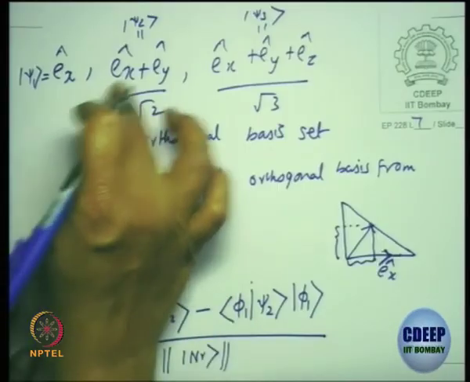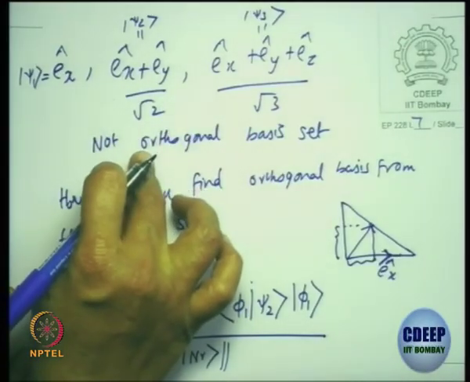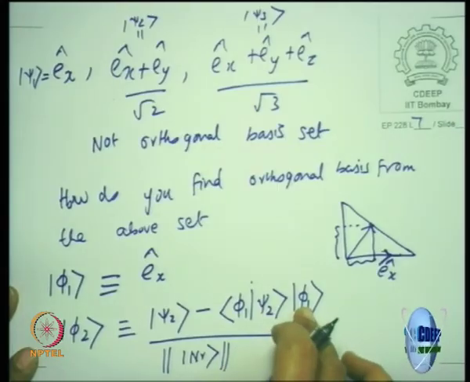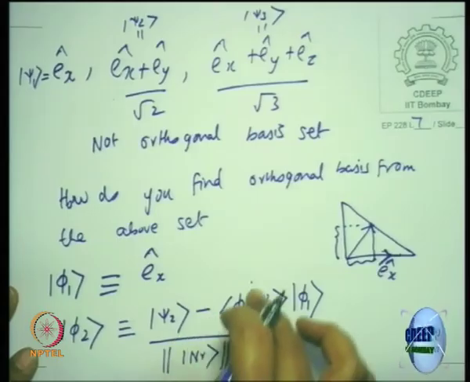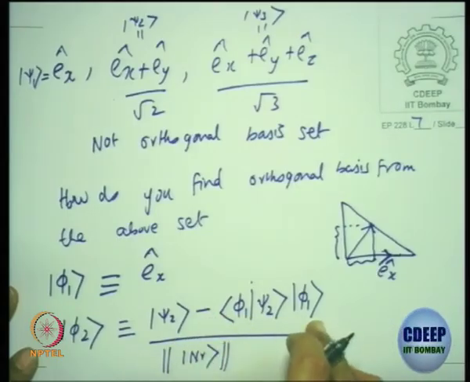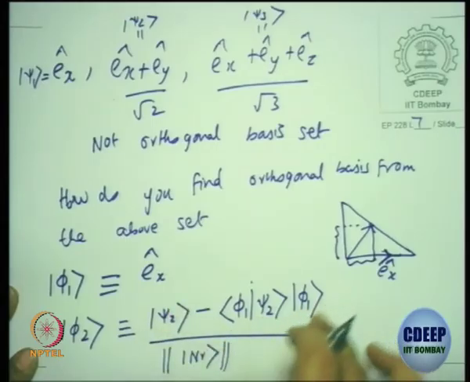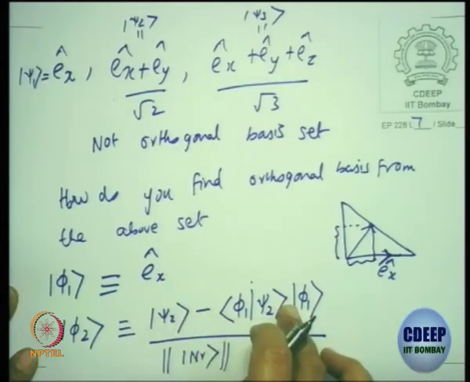Let's do this for this case. Psi 2 is Ex plus Ey by root 2. You take a dot product with Ex, and then this is Ex. The dot product with Ex will give you a 1 over root 2 and then this is Ex. Ex plus Ey by root 2 minus Ex by root 2 will become Ey by root 2.